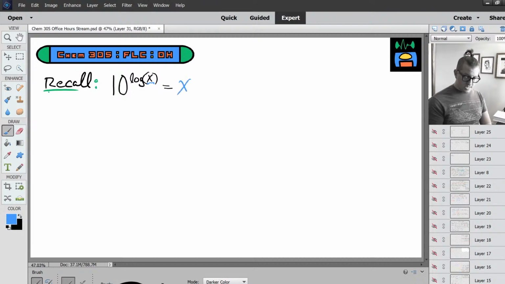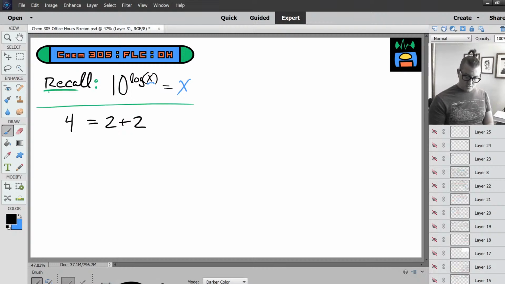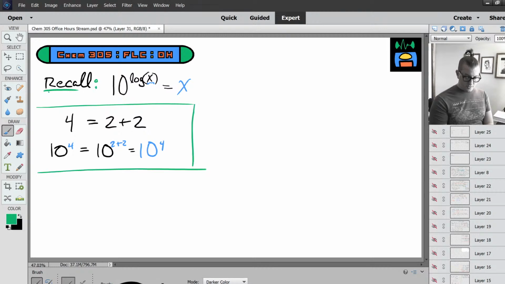This will just equal x. And you can take an equation and make both sides exponents of 10. If it's 2 plus 2, it's 10 to the 2 plus 2, and they'll still equal the same thing, right? It doesn't change the truth of the statement. They're both still true.